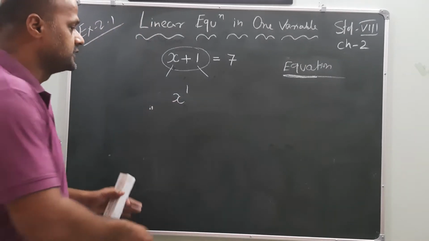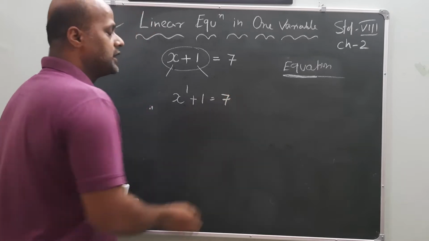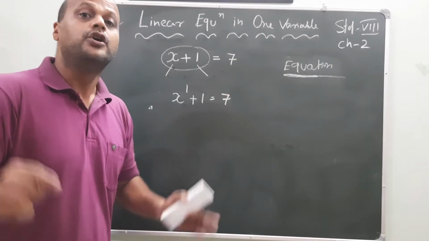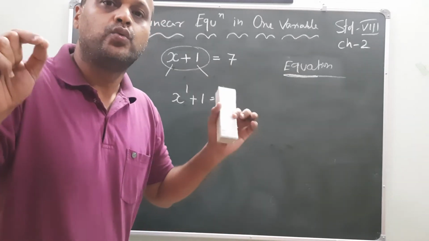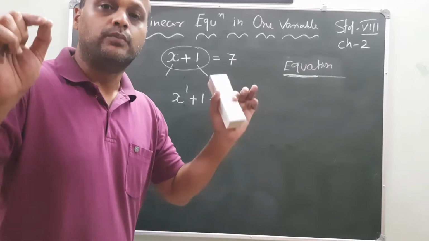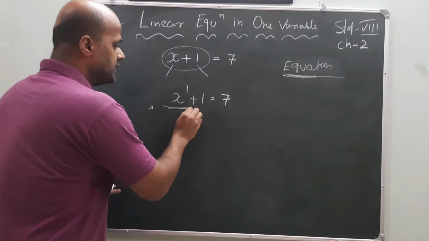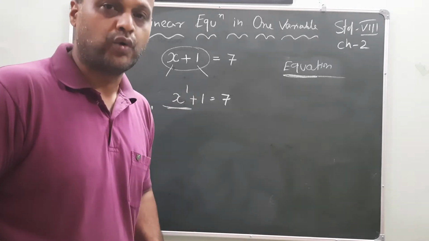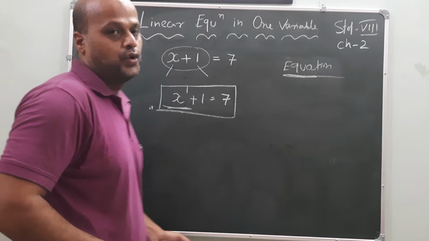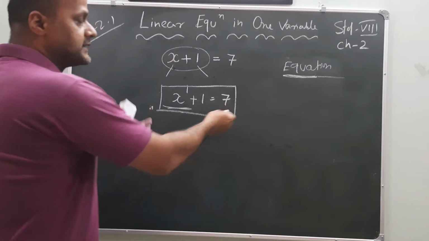The variable here is x, and the power of x is 1. Remember this: a linear equation in one variable means the equation has one variable and the power is not more than 1. If the power is not more than 1, then I will say this is called an equation in one variable.